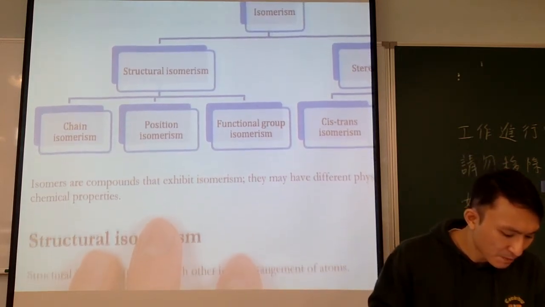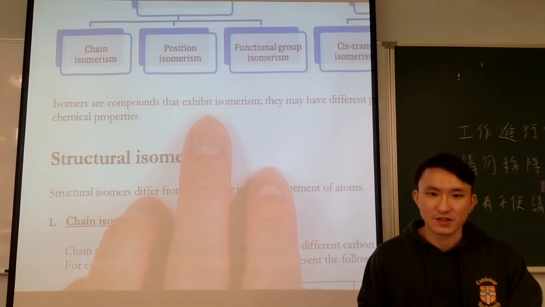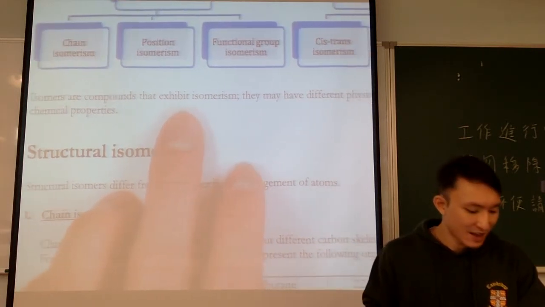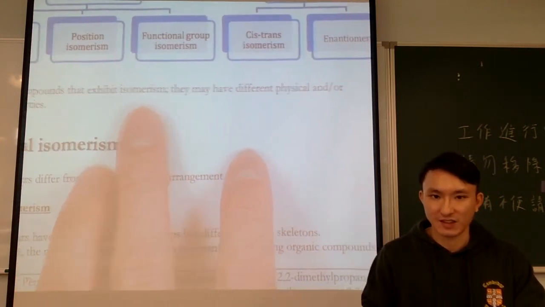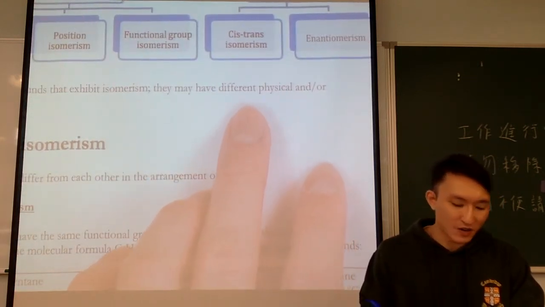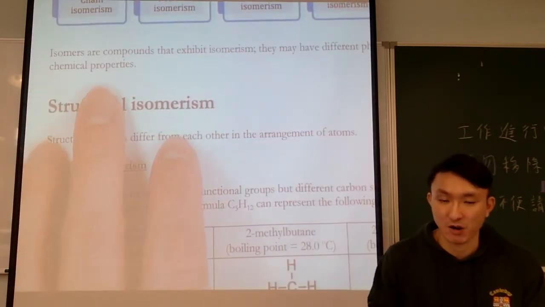Now, one more thing. So isomers, they have different structures and even functional groups, and therefore they could have different physical properties or even different chemical properties.